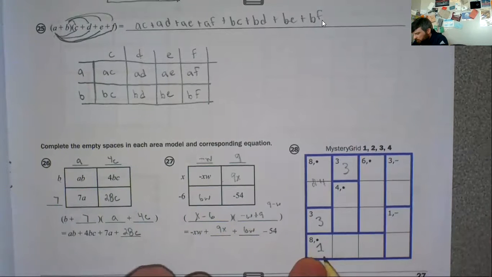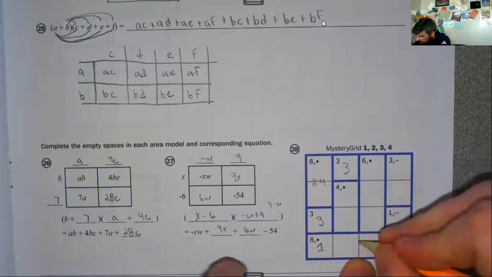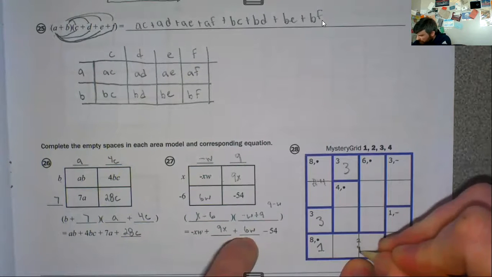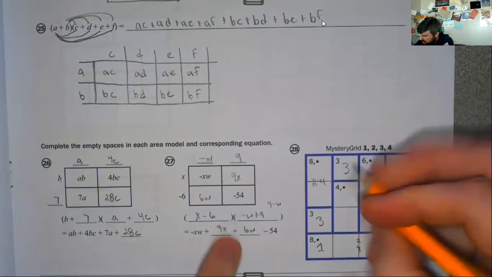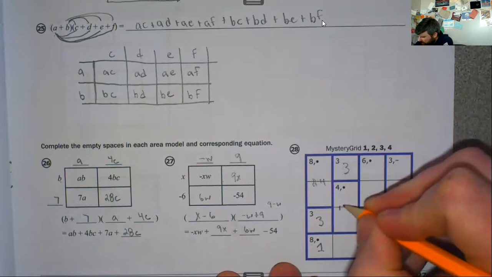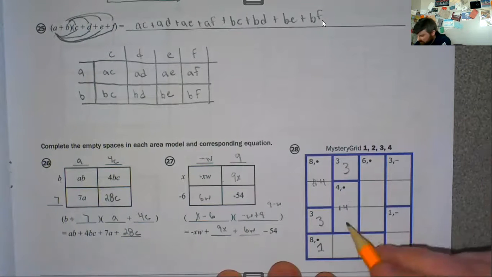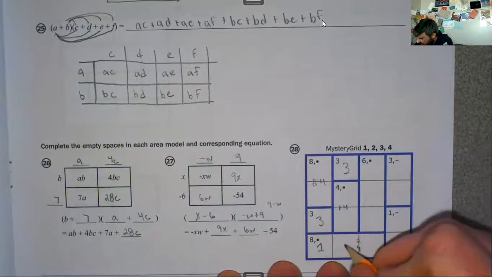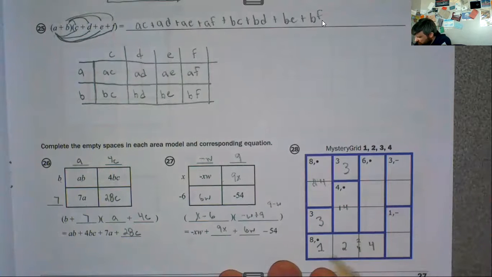Okay, if this is a 1, well, this will need to be a 2 and a 4 somewhere in there. This is a 4, so it can't be a 2 times a 2. So this needs to be a 1 and a 4 somewhere. So 4 is going in one of these. So this can't be a 4. So this has to be our 2. And this has to be our 4. So 1, 2, 3, 4.